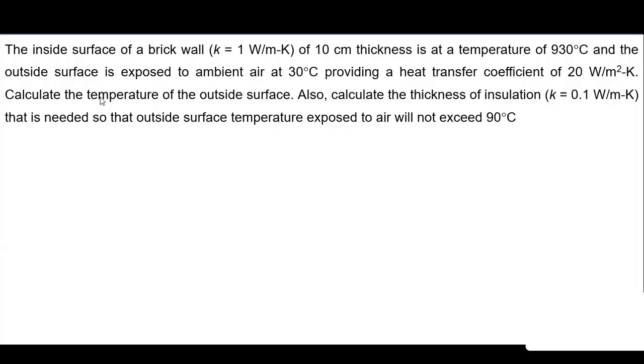So in the first part, you have to calculate the outside surface temperature. In the second part, we take that outside surface temperature as 90 degrees Celsius, but with an additional resistance provided by the insulation. So we need to draw the schematic diagram and write down the given things.